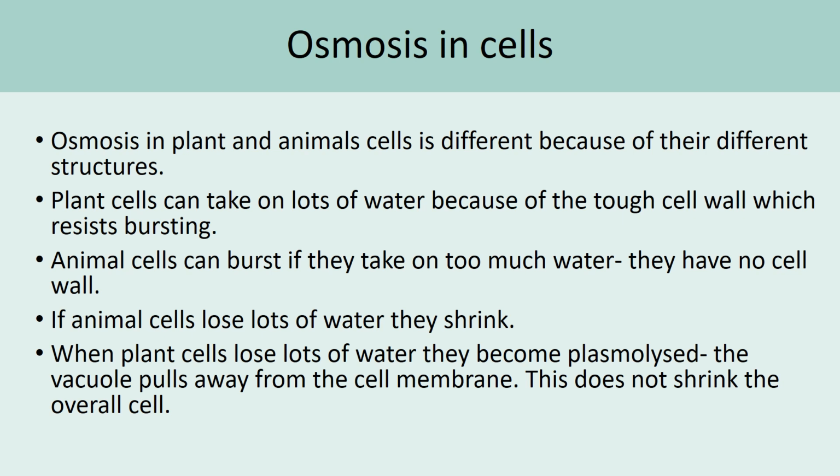What plasmolysed means is that the vacuole pulls away from the cell membrane. So it doesn't shrink the overall cell because it's got the cell wall still on the outside, but it's the vacuole moving away from the cell membrane. That's what plasmolysed means. And we're going to be coming across a few terms that we need to know for animal and plant cells.